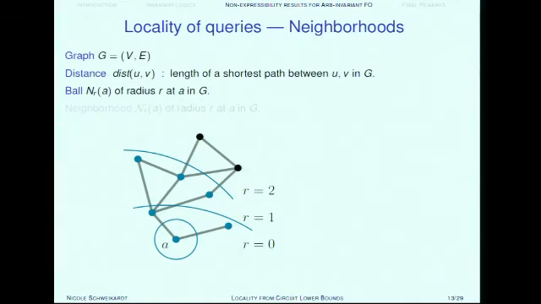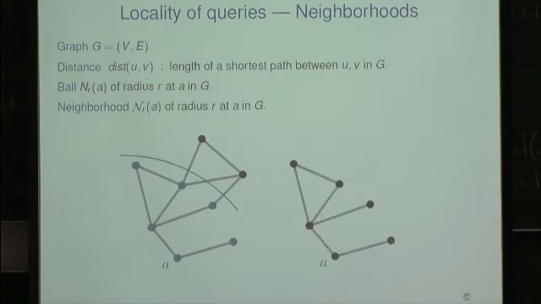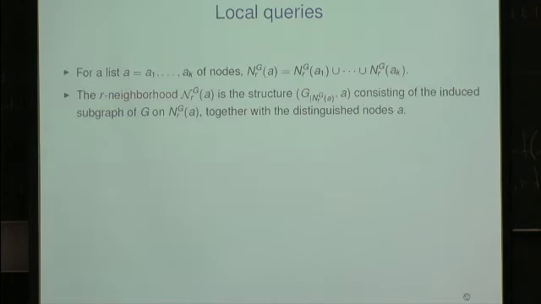The one-sphere is exactly the set of vertices that have distance exactly 1 from vertex A. The R-neighborhood Stephen already defined, so we won't do this. And also the neighborhood for a list of nodes instead of just a single node. If A is a sequence of nodes, I will write N_R of A for the R-neighborhood around the sequence A of nodes.